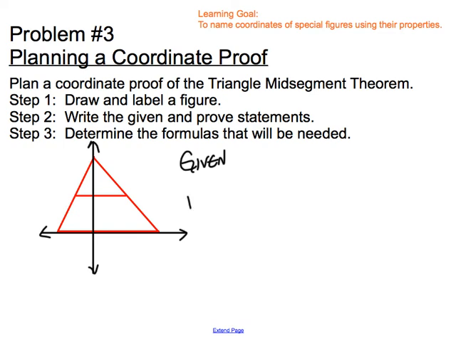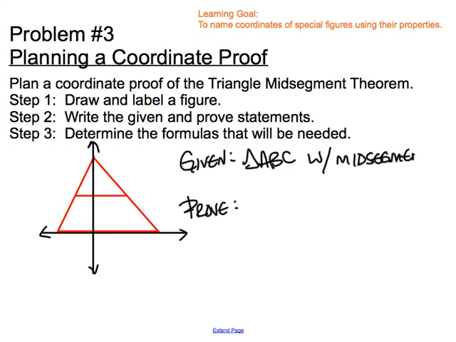So the next thing that we're told to do in step 2 is to write the given and prove statements. So the given in this case is that we have some triangle ABC with a midsegment drawn. And so we'll label it DE.